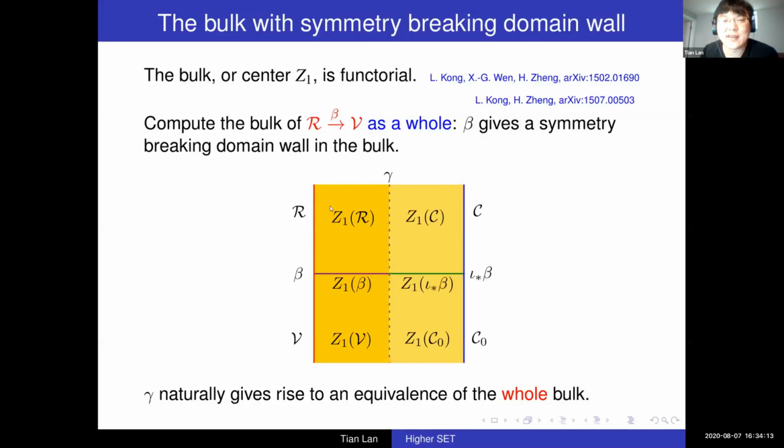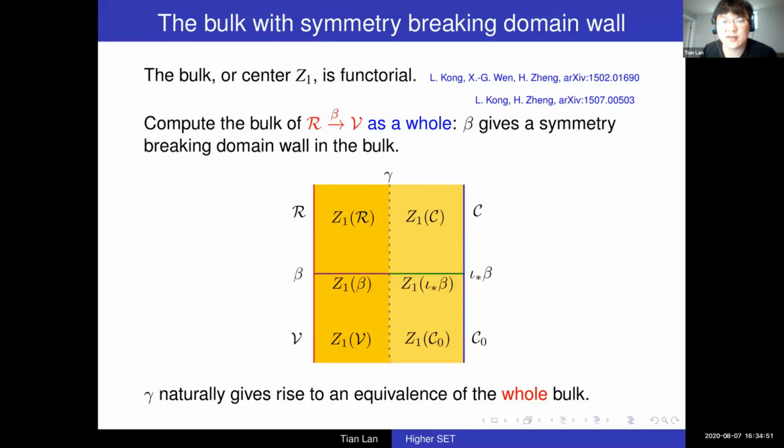So we can take the center of R, V, and beta as a bimodule between R and V, or domain wall between R and V. If we take the center of beta, it will be a domain wall in the bulk, and is actually a symmetry breaking domain wall. And the equivalence gamma we defined previously actually gives an equivalence of the whole bulk. It is an equivalence between these things, and these things.